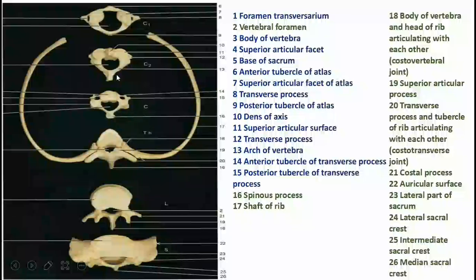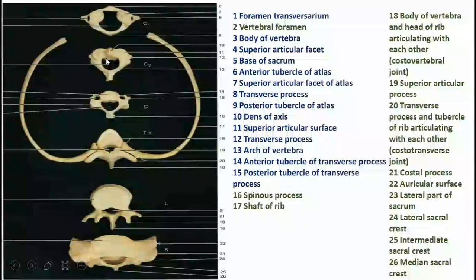So we have first the atlas, then the axis, then the typical cervical vertebrae, then thoracic, then the lumbar vertebrae, finally the sacrum, while the coccyx dominates the most distal part of the vertebral column. So this is the odontoid process from our previous discussion.